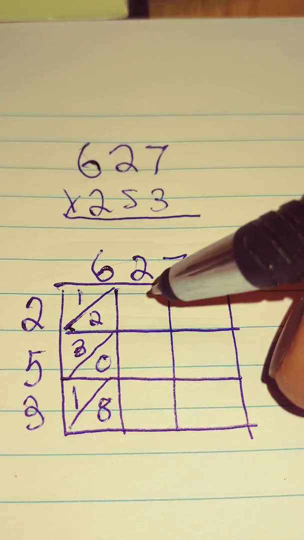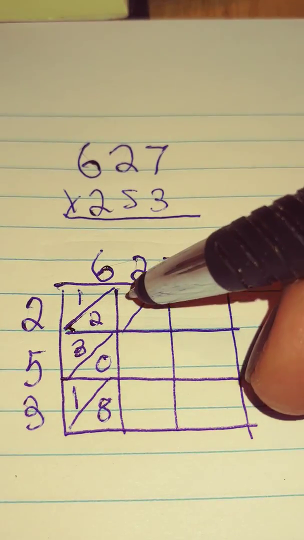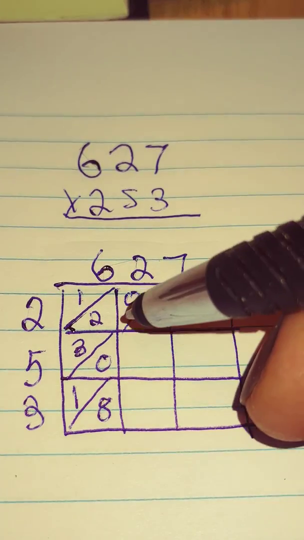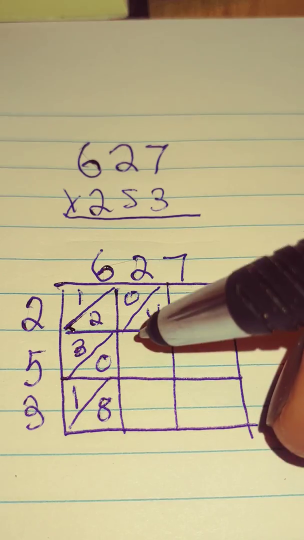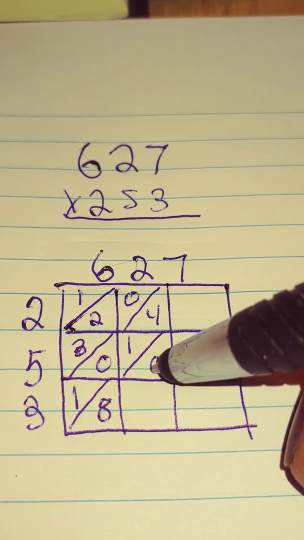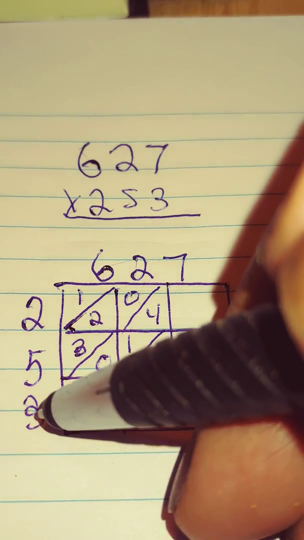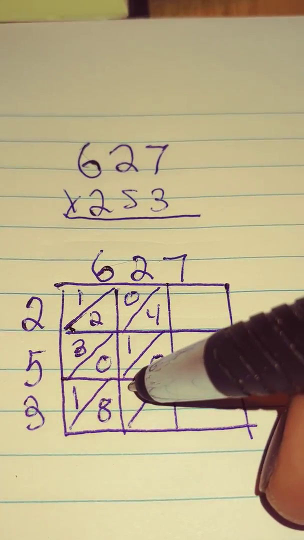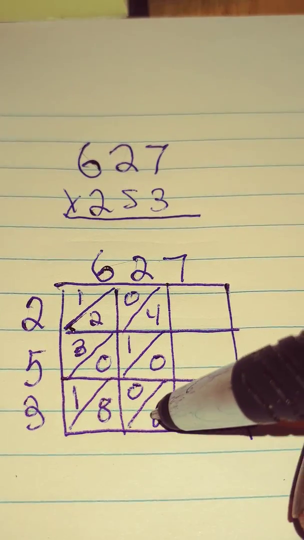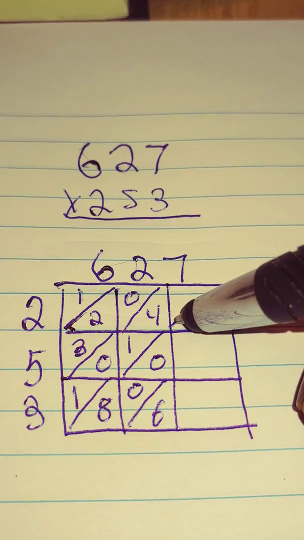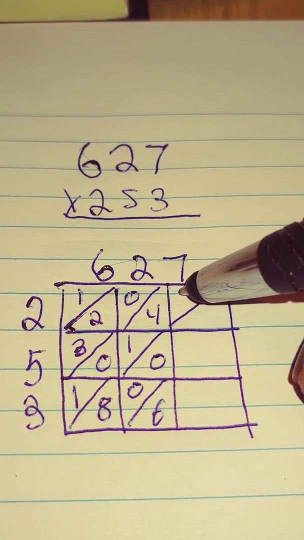Then here, 2 times 2 is 4. So you go 0, 4. 2 times 5 is 10. 1, 0. 3 times 2 is 6. 0, 6. And then you're ending up here with 2 times 7 is 14.